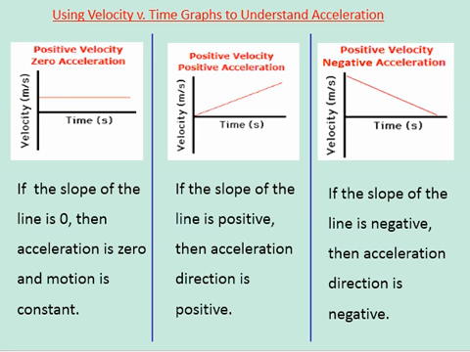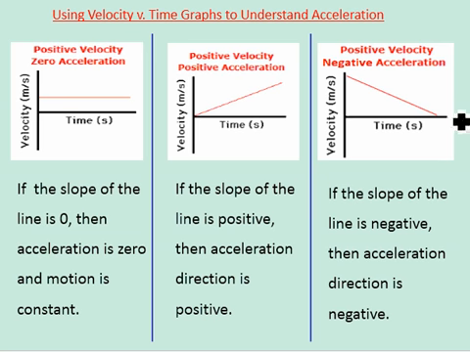The velocity is not changing. Here we have a line on our velocity versus time graph that has a positive slope. So that tells us that the velocity is changing. The direction of the acceleration is positive, which means that we are speeding up. Our velocity, the size of it, is getting bigger and bigger as we go on with time.